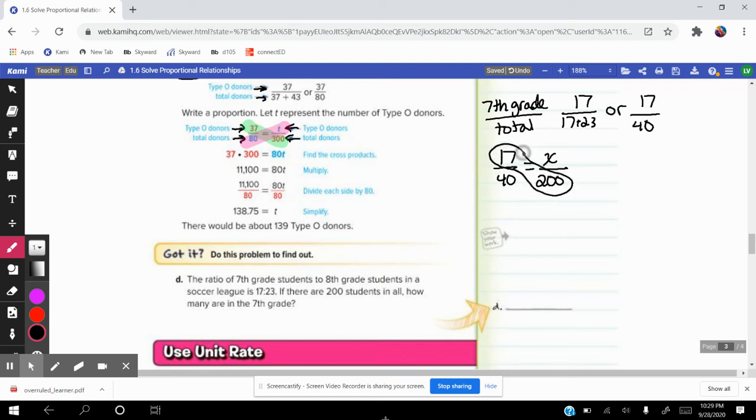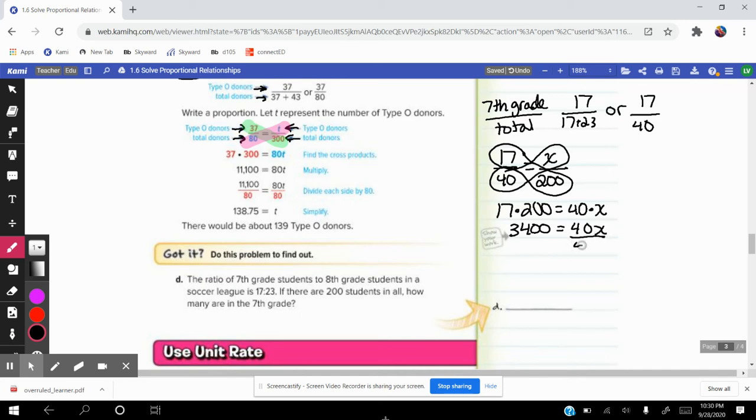I'm going to do 17 times 200 equals 40 times X. Seventeen times 200 is 3,400, and that equals 40x.